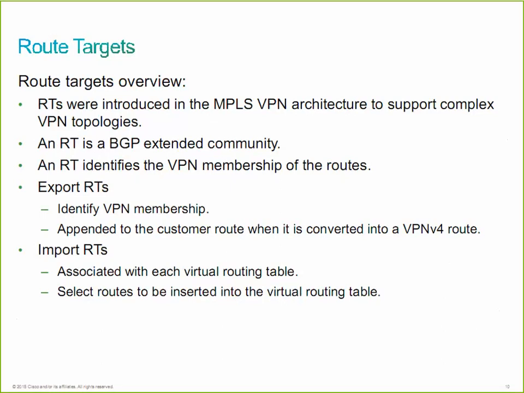When the VPN v4 routes get propagated to other PE routers, those routers need to select the routes that are going to get imported into their virtual routing tables. Well, guess what? That importing of those routes and that selection is completely based on import route targets.